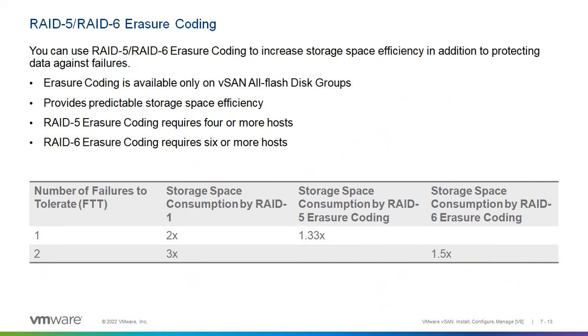Where medium IOPS is fine, you can go FTT1 RAID 5. Where IOPS is not a big matter for me but redundancy is, then you can go with FTT2 RAID 6.